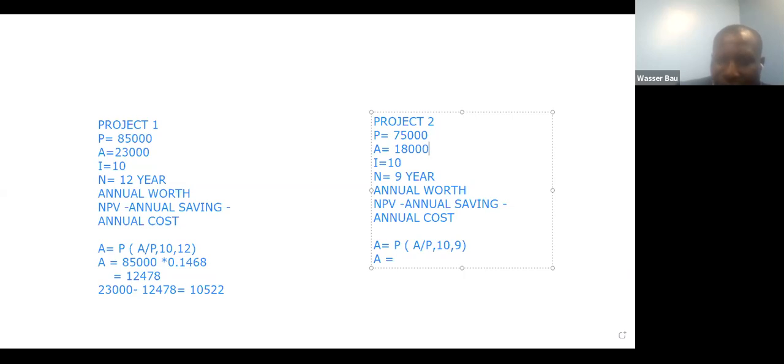This is after all losses. This is the net it is giving me. But then I need to know the annual cost of that investment. So the annual cost of investment will be 75,000 multiplied by what? 0.1468.